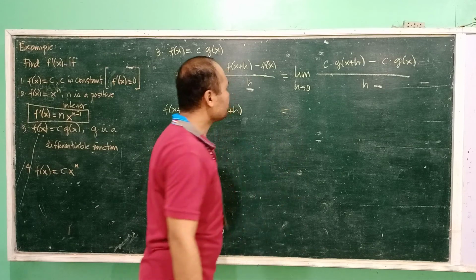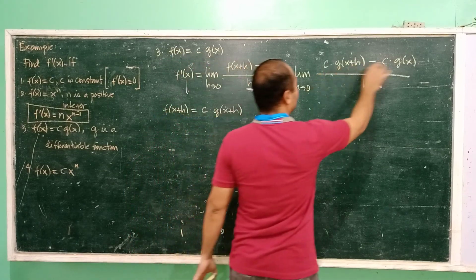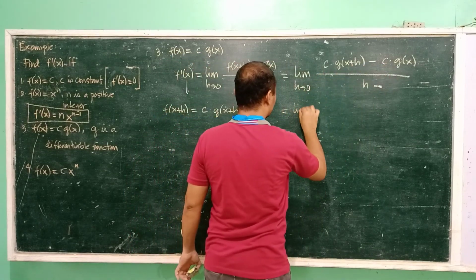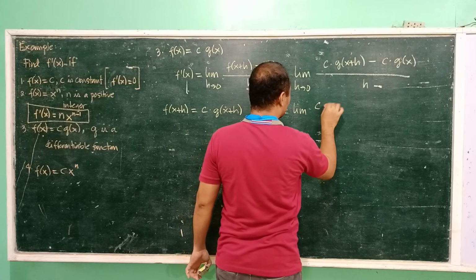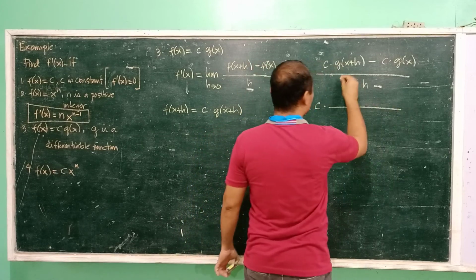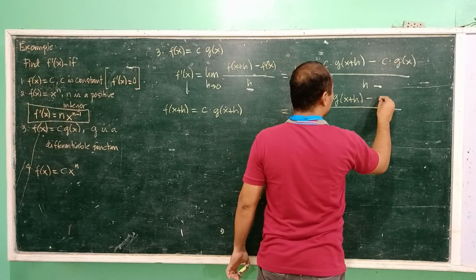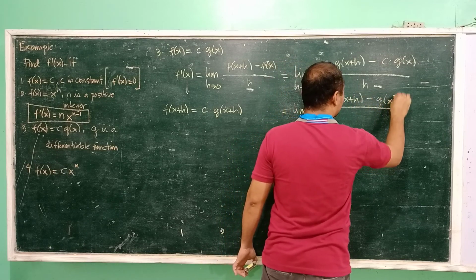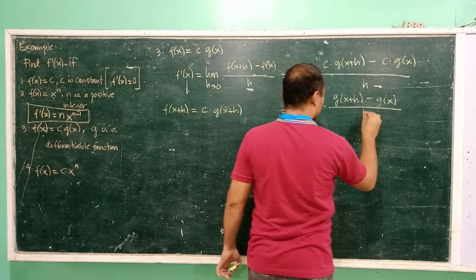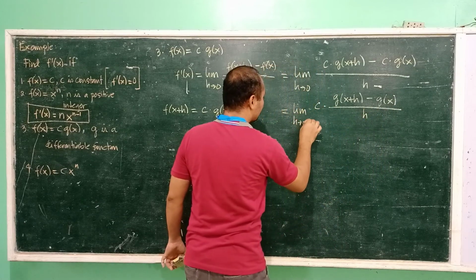So we can factor out c here. We have the limit of c times g of x plus h minus g of x all over h as h approaches 0.